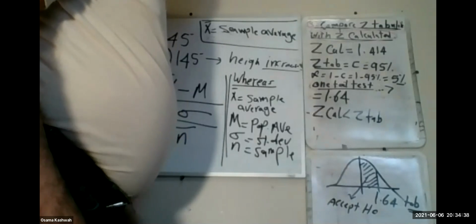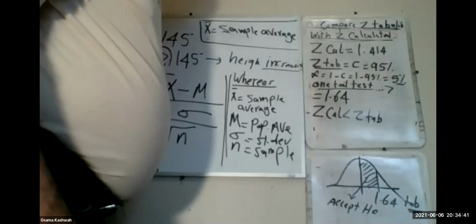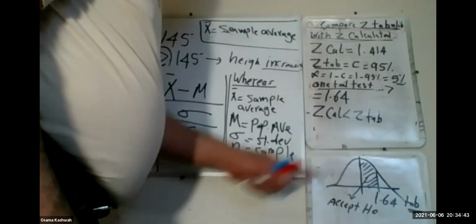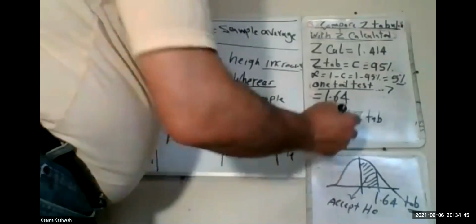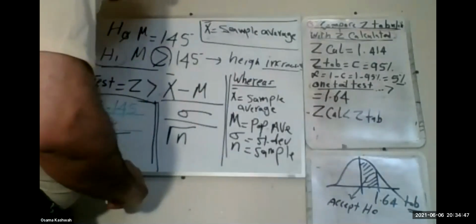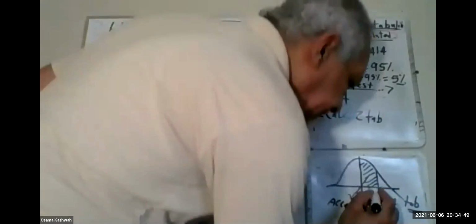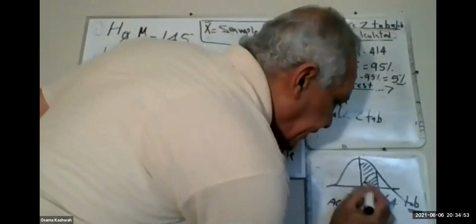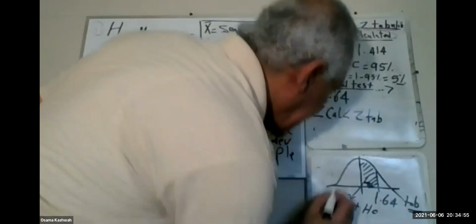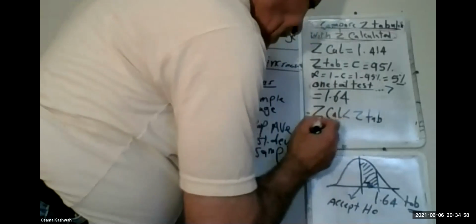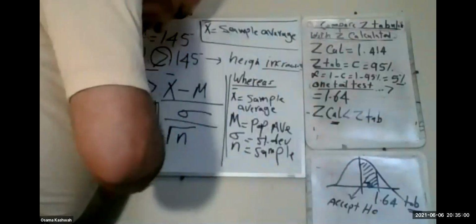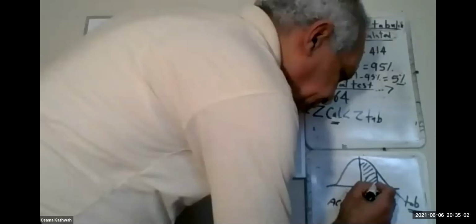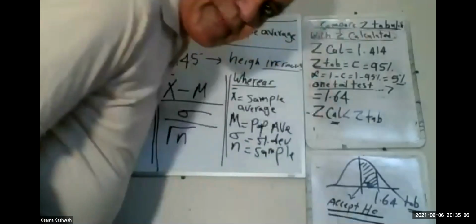The calculated is 1.414, so it goes inside this area. That means I will accept H0.